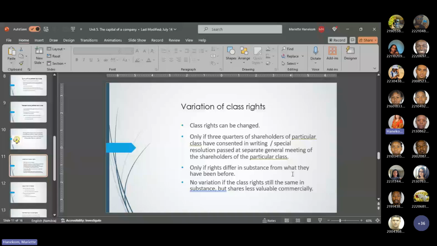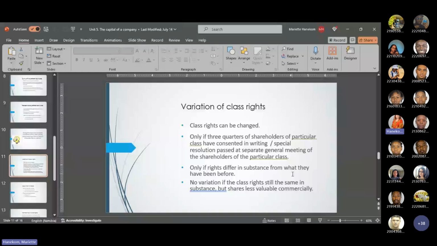Class rights are varied only if the rights differ in substance from what they have been before, but not if it is only their market value which is affected. Another way of determining whether class rights have been varied or not is to look at the nature of the decision. Does the decision affect only a particular class of shares?